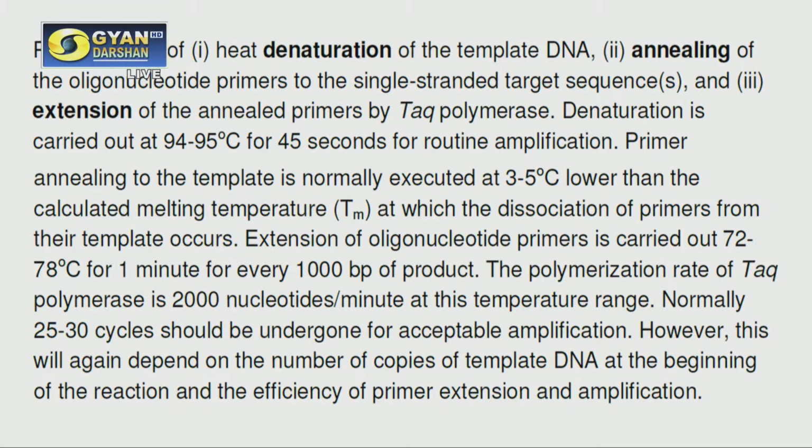Then primer annealing. What is the temperature that you need to set for this primer annealing? That is 3 to 5 degrees centigrade lower than the calculated melting temperature, at which the dissociation of primers from their template occurs. What is the formula for calculating the melting temperature? You have to calculate based on the primers.